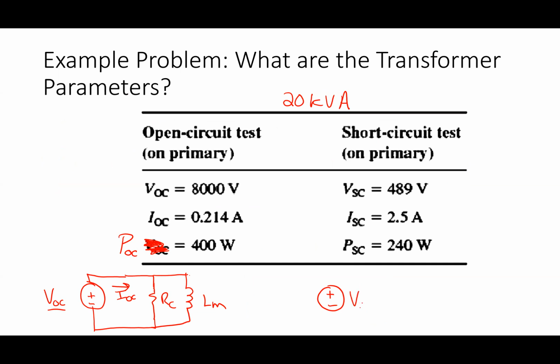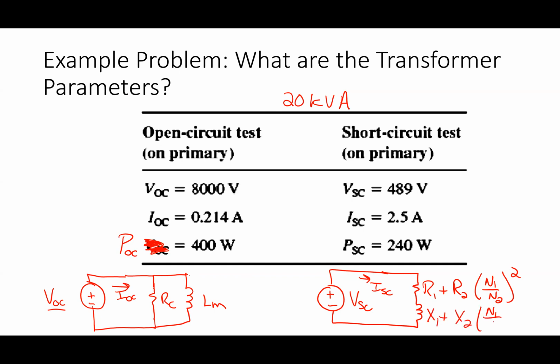So I have V short circuit. I have I short circuit. And I have this. So here is R1 plus R2 reflected, and X1 plus X2 reflected. Like that. All right. So how would I solve in that case, given the information that I've got?